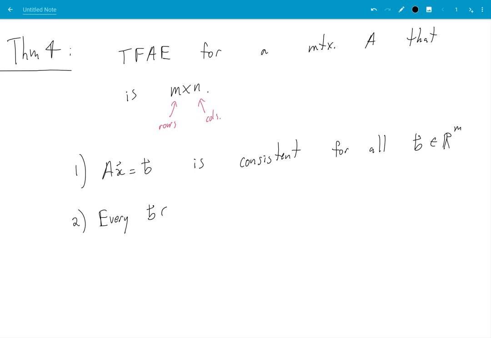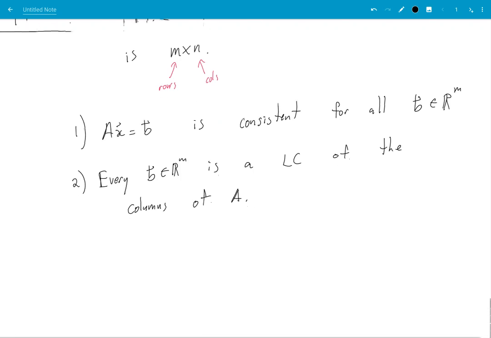Every B in Rm is a linear combination of the columns of A.